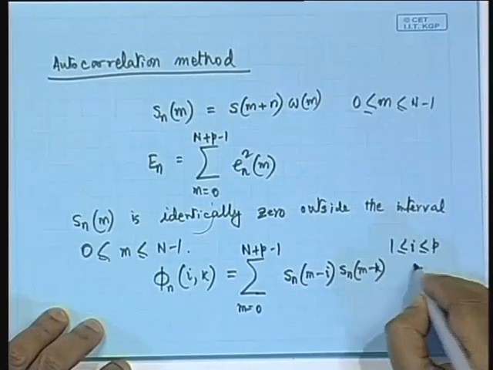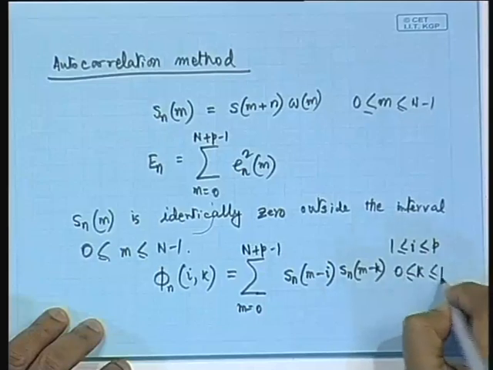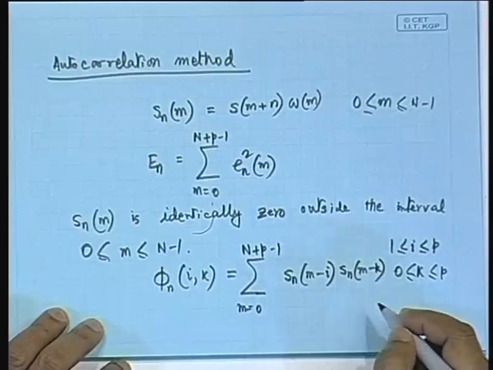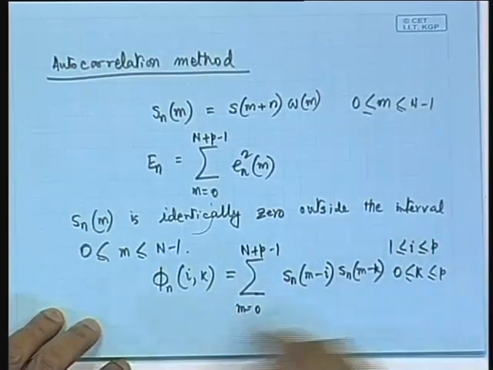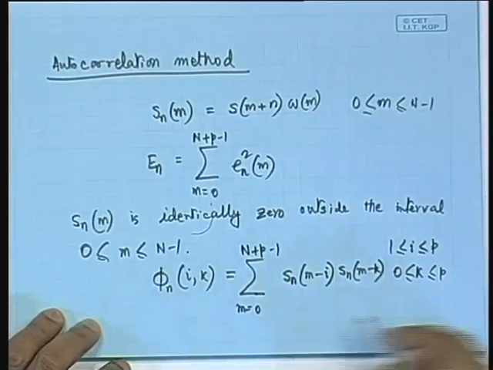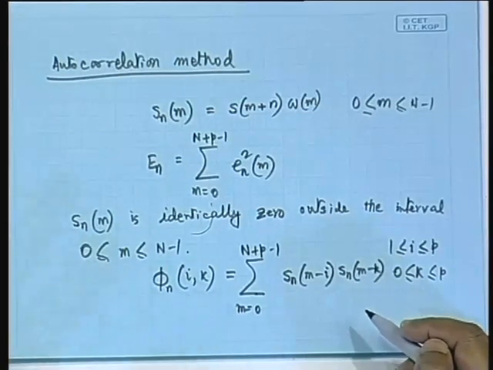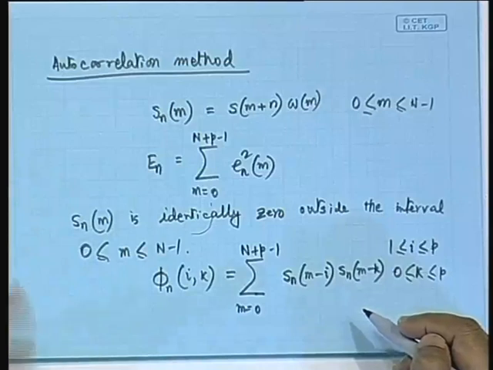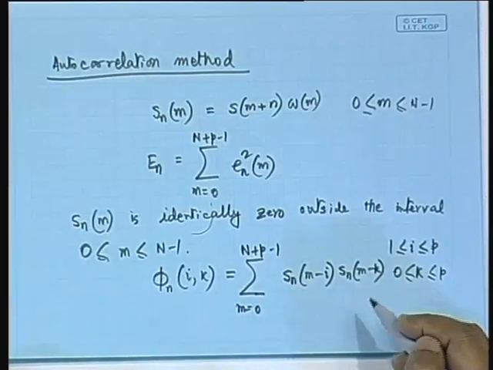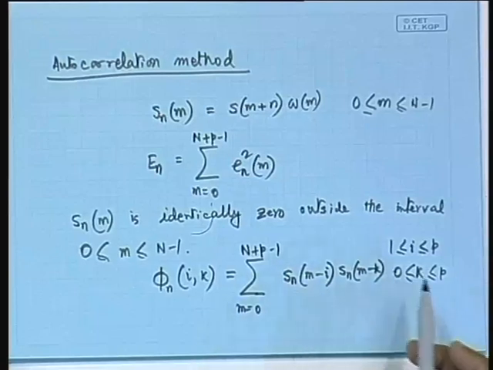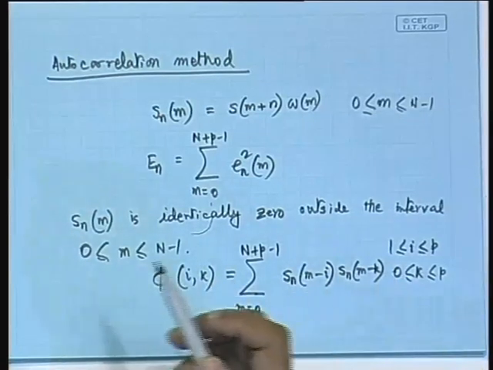So k lies between 0 and p, right. So this is the equation, and now this phi n(i,k) expression, what we get from the definition, can now be rewritten in a little bit different form, in the sense that we have Sn(m minus i), Sn(m minus k).